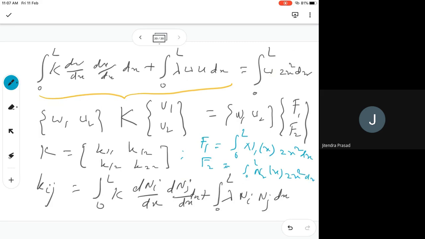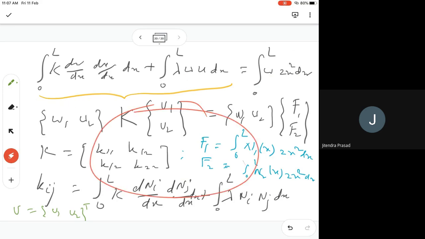So everything is done now, right? And you know that U is U1 and U2 transpose. So we have actually solved the problem, not only the weak formulation, but you know how to solve this kind of problem. You can actually find out U1, U2 now.